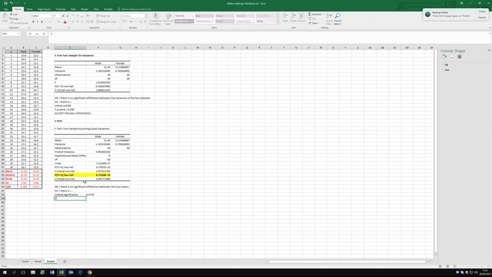Okay, so our p-value for our data, p equals 8.75e-10. Okay, so I'm just going to show what that actually means in real money. So 8.75e-10 is times 10 to the minus 10.